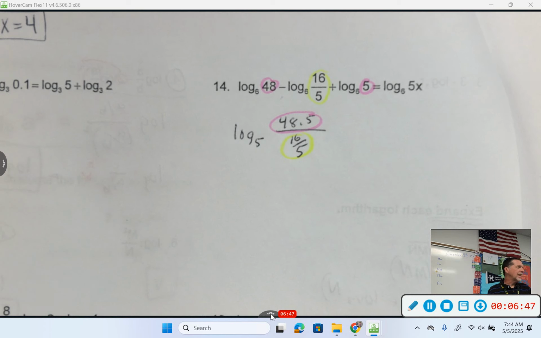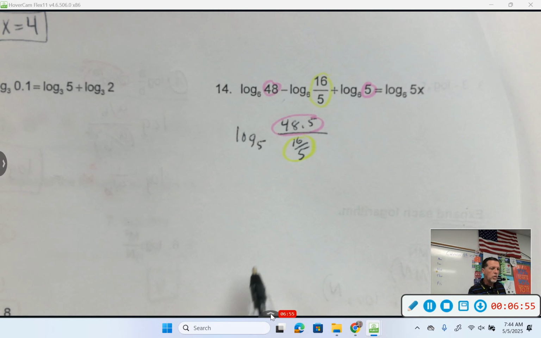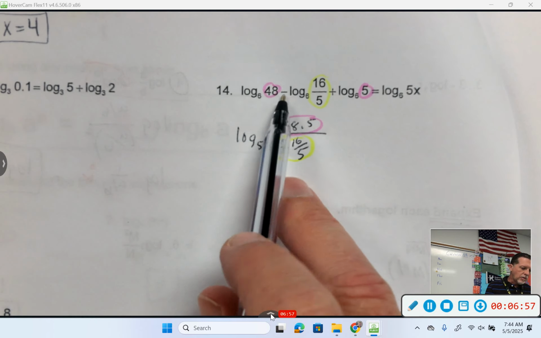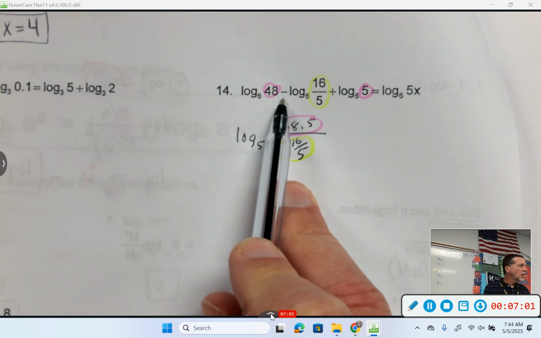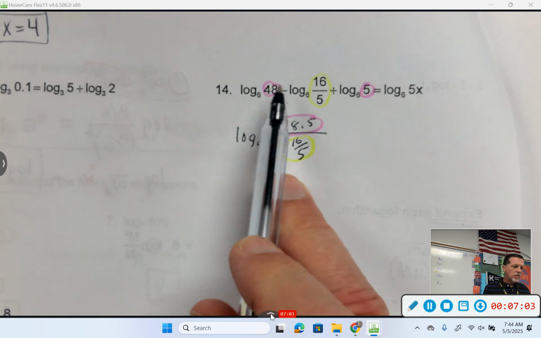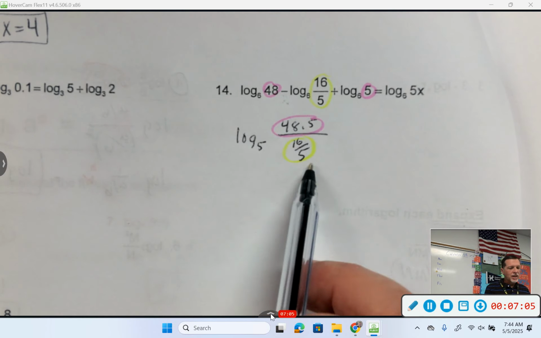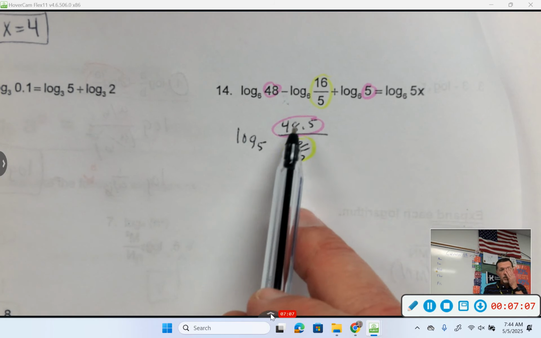Why are we not adding 16 minus 5? Because that one's subtraction, so that's going to lead to division. So we'll multiply the positive ones and divide with the negative ones.